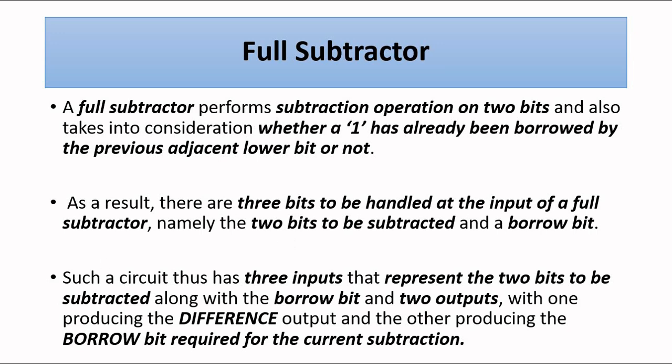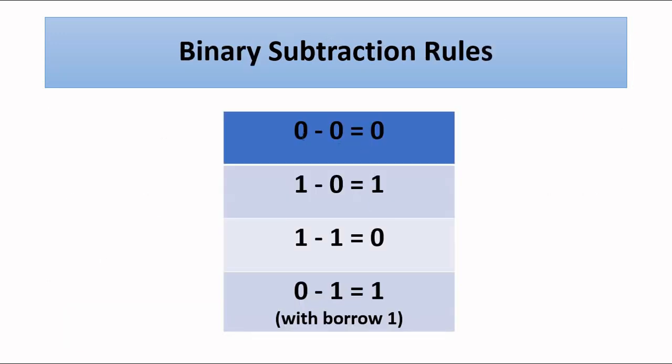what is the difference between a full and half subtractor? In half subtractor, it involves the subtraction of only 2 bits, like this: 0 minus 0, 1 minus 0, 1 minus 1.